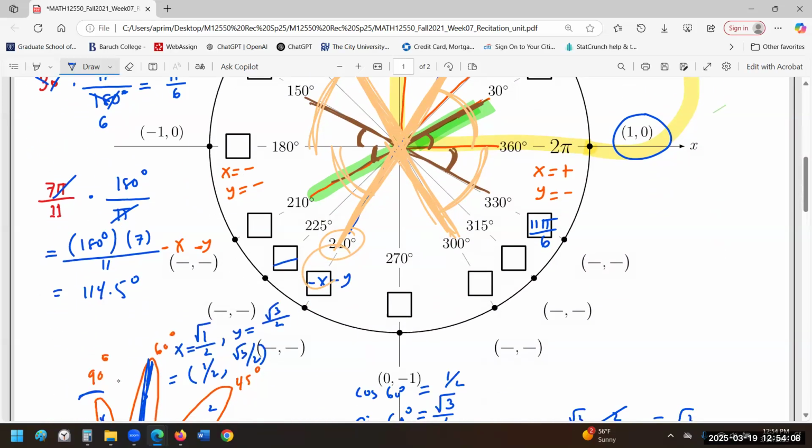On the third quadrant, they both are negative, so let me clear this a bit. Here our x value is negative 1/2 and y value is negative root 3 over 2. And on the fourth quadrant, which is here, our x value is positive, so 1/2, and y value is negative.